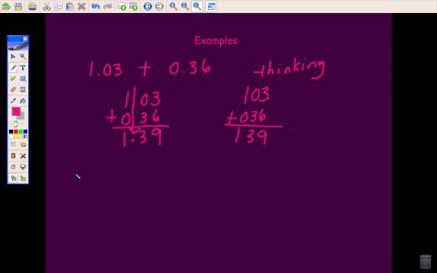What if I had 356 2/10 plus 12 4500ths? Step 1, line up my decimal points.